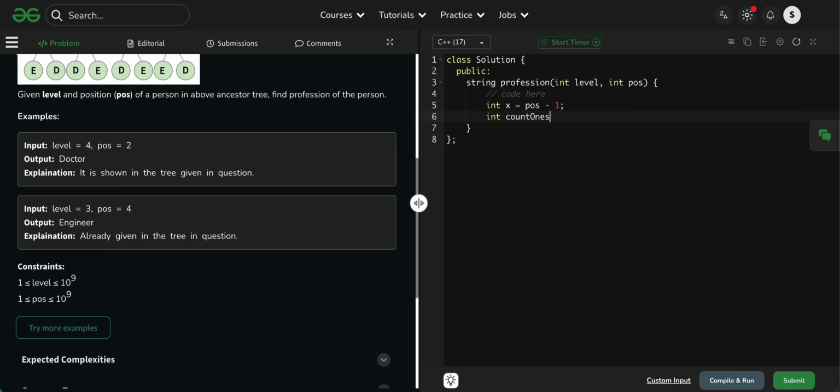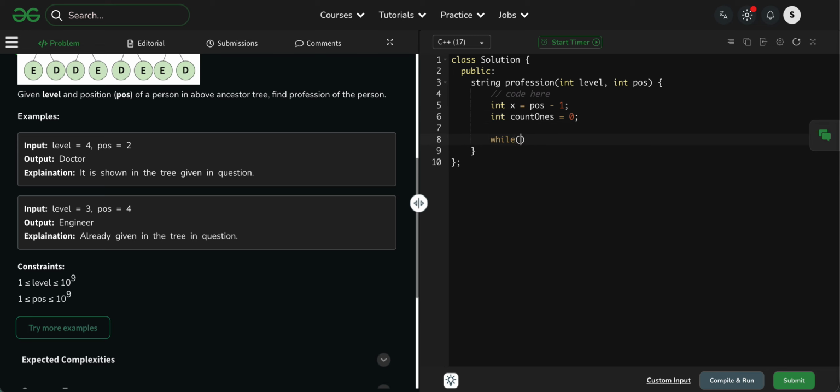The count once means we just have to return odd or even. While x is not less than or equal to 0, we just have to find the order, that means which is odd and even. For the odd and even, we just do x and 1, and that is what we have to find, and the count once, right?